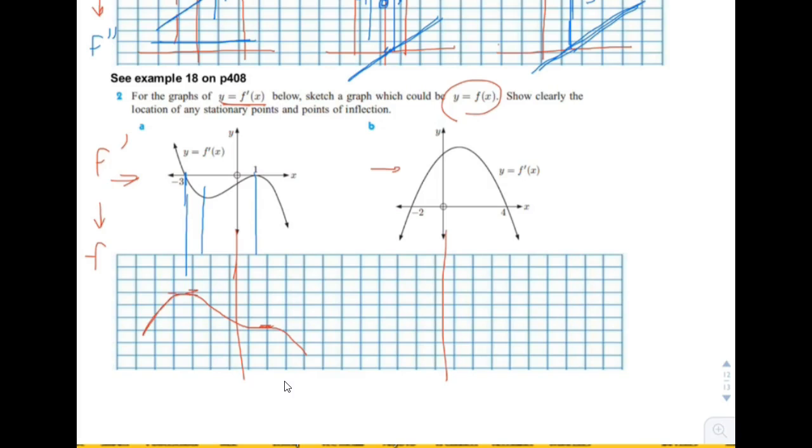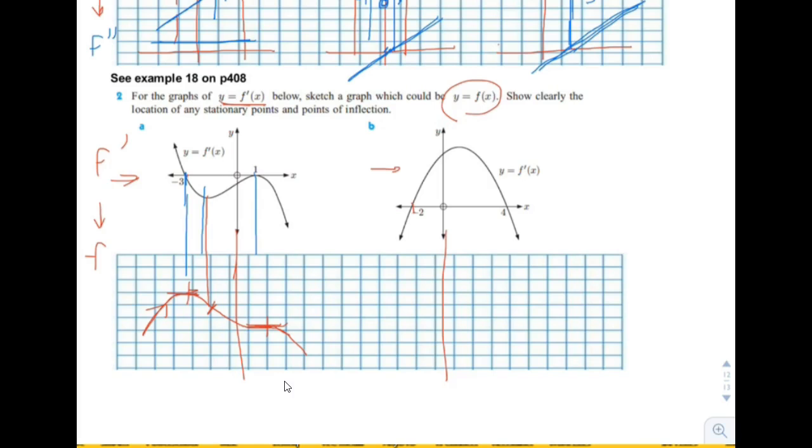It goes up, gets to this flat place, goes down, then turns flat again, then goes down again. Okay. So these are the stationary points here and here, and points of inflection would be here.